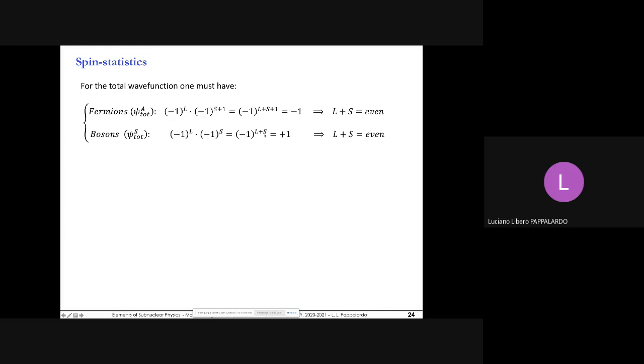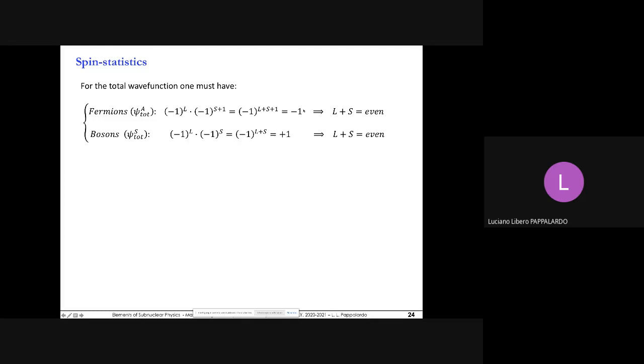Now, we know from Fermi statistics and Bose statistics that the total wave function for a system of two identical fermions must be antisymmetric. So we impose here that this object must be equal to -1. And in the same way, the total wave function of a system of two identical bosons must be symmetric, so this object here must be equal to +1.